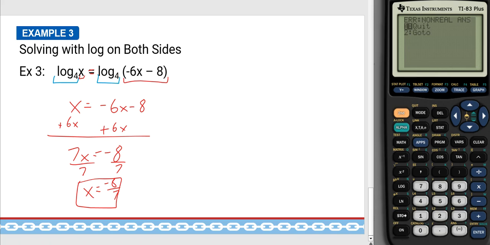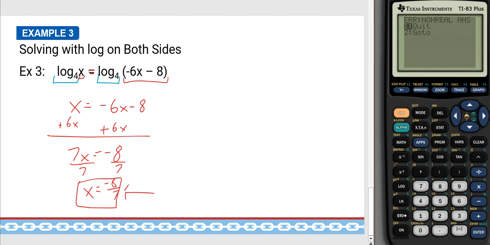Because of that, negative times negative is positive, times negative again is negative, times negative again is positive, right? We can't get a negative outcome. So our math here, our algebra and our strategies are good, mathematically sound. However, this negative value and it being an even base give us an invalid solution. So something to pay attention to.